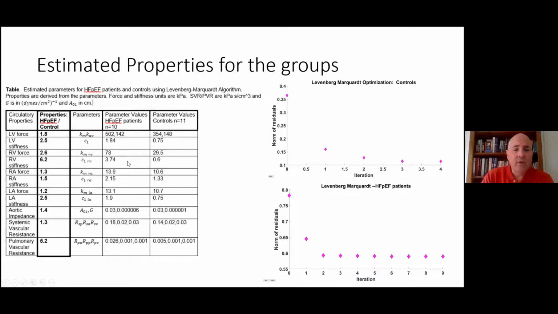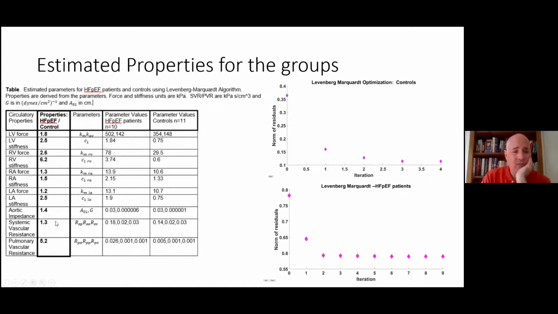And what we found, and again, this should of course be interpreted as preliminary data, was that in this group of patients, they seem to have more of a pulmonary vascular resistance type phenotype, in the sense that their RV stiffness and their pulmonary vascular resistance were much larger when you compared the HFpEF patients to the controls, as compared to what most people would think, which is the left ventricular stiffness, which was about 2.5 times greater in the HFpEF patients.